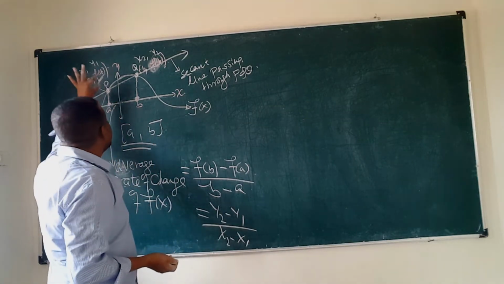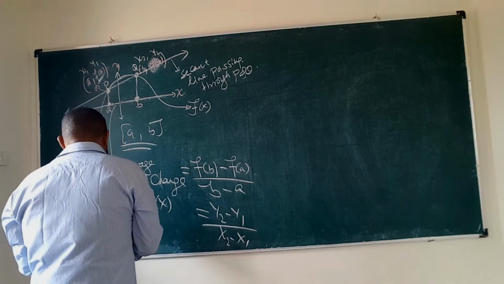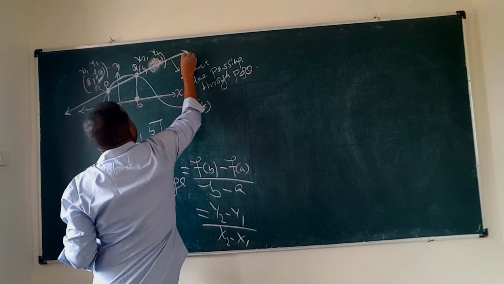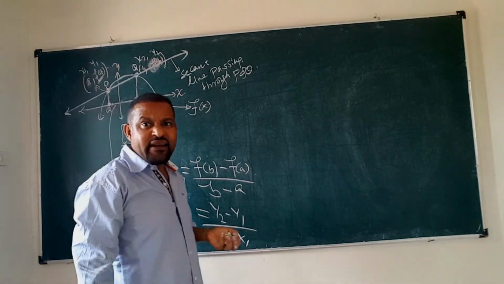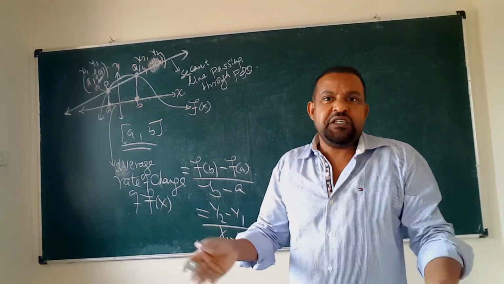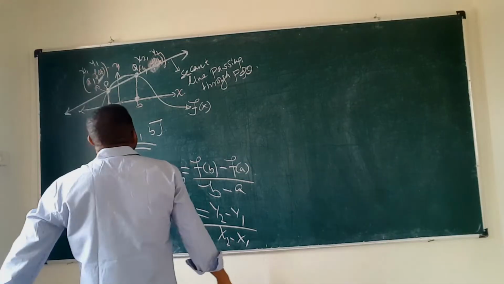Note that there is a secant line passing through these two points. This secant line is a line that crosses a given graph two or more times, meaning a line that crosses the given graph two times or more is what you call a secant line.